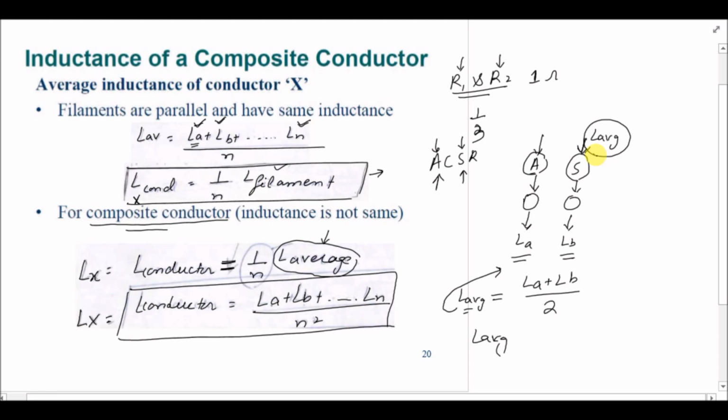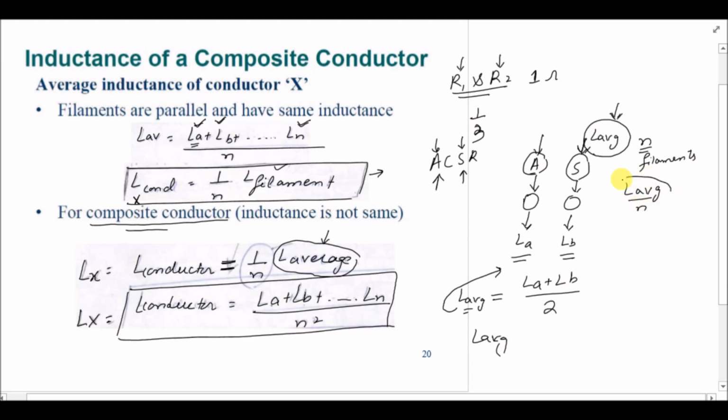And now if we have n filaments and all have the inductance value of L average, then to find the parallel combination of n inductances of L average, you divide L average by n.